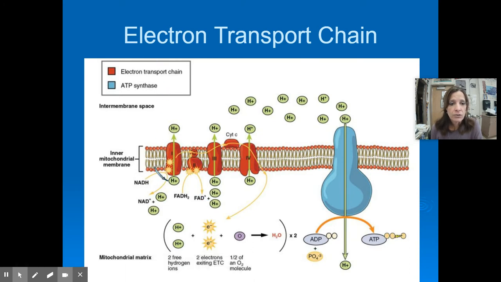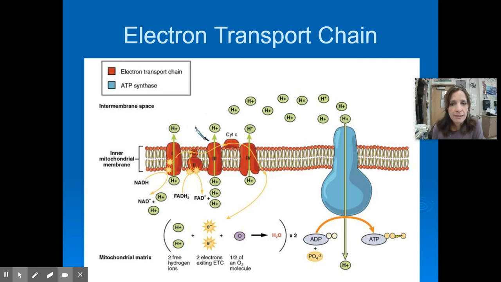So here is the electron transport chain, and we'll go through this picture, and then I'll have the next slides to give you some words. So here are your electron carriers, NAD and FAD, and what they do is they give the electrons to the electron transport chain, and as they go through these proteins, their energy allows hydrogen ions to be pumped into this intermembrane space, and so you form what's called a proton gradient.